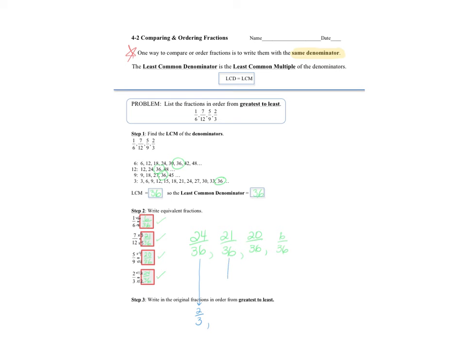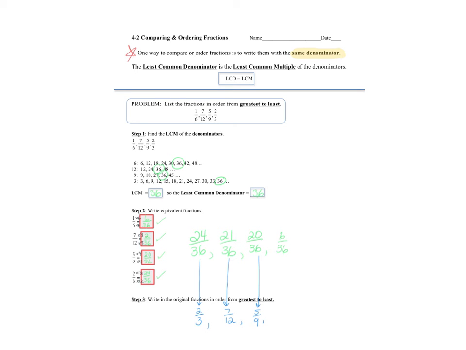Next up, my 21/36. What did he really start out as? Well, remember, he's right here. He started out as 7/12. So I'm going to write him as 7/12. 20/36 started out right here. He was, remember, originally 5/9. So I'm going to rewrite him in his original form of 5/9.